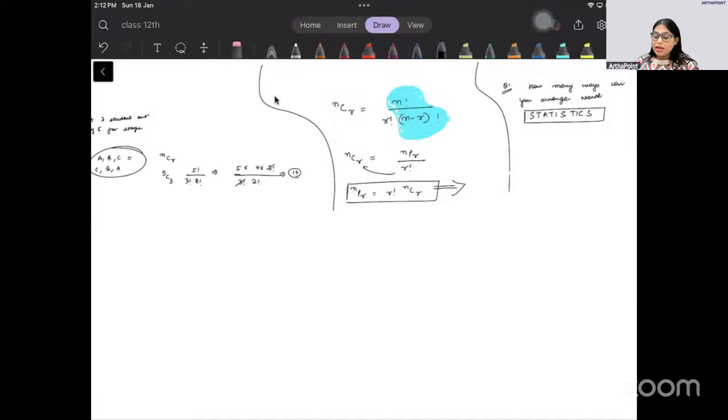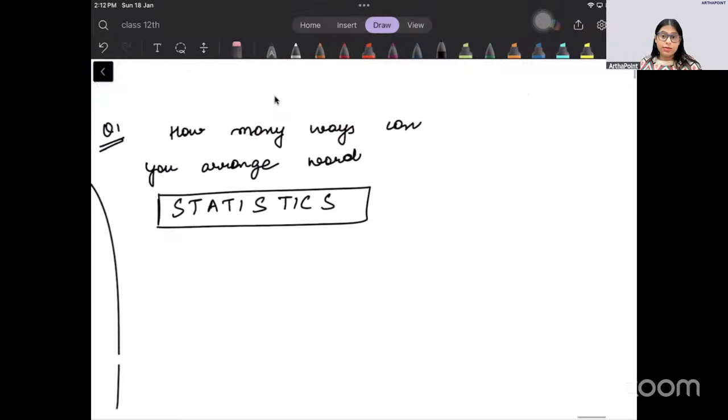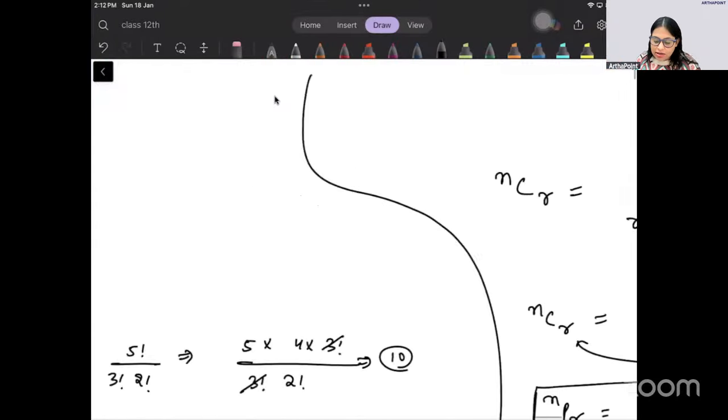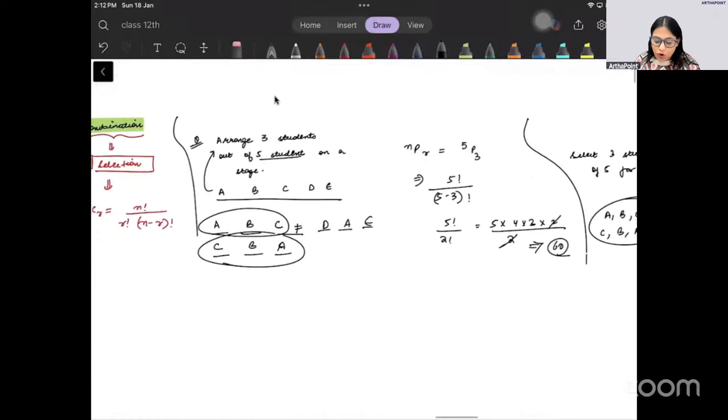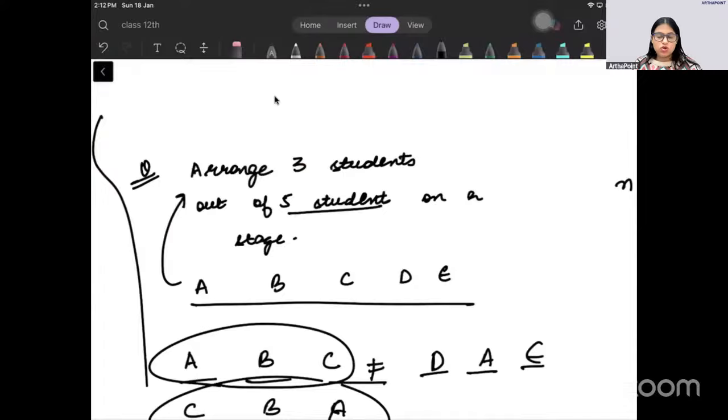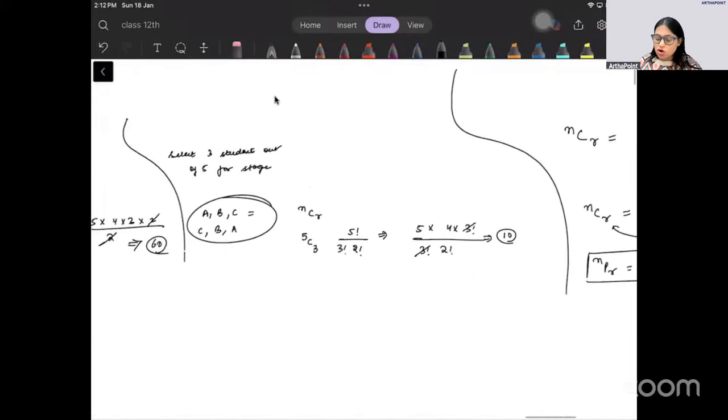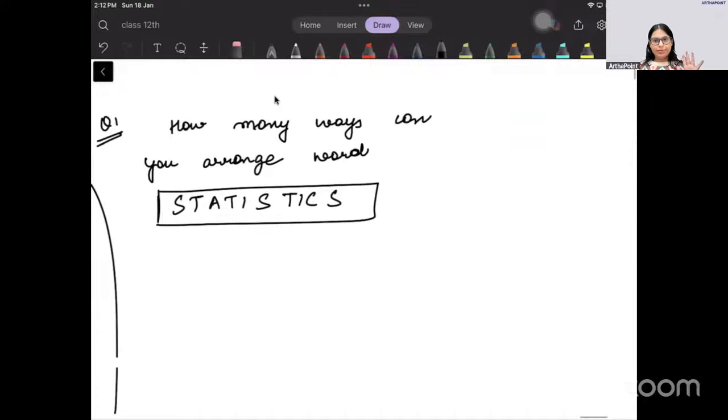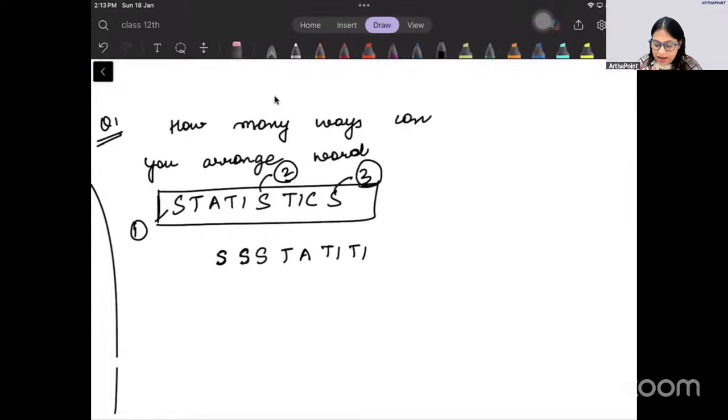Okay, अब देखो. In this question, they didn't say कि pick. तो permutation directly नहीं लग सकता. Like here we said that select or arrange 3 out of 5. So out of 5, 3 were required. But here it is not saying this. I need to arrange all alphabets, right? But just tell me, if I write S, this is my first S, and this is my second S, and this is my third S. When I write first S followed by second S followed by third S, then TATITIC, ये मेरा first S वाला, I have written it here.